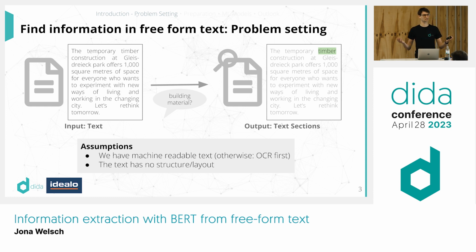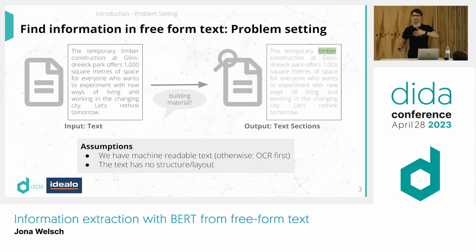All right, so this is a general problem setting. And why is this question relevant for idealo? So some of you might know idealo. It's a price comparison platform where I can see prices for a single product from different merchants, but I can also search for a group of products and then filter down by different properties of these products.